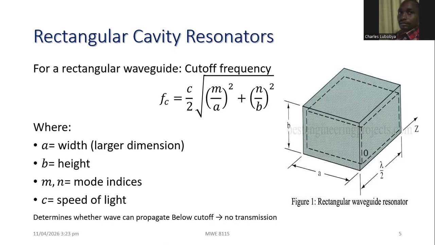This can be found by calculating fc equals c over 2 multiplied by the square root of (m over a) squared plus (n over b) squared, where a is the width of the rectangular waveguide and b is the height of the rectangular waveguide. Then m and n are determined by the mode, whether it's the dominant mode or any other mode of propagating a signal in the waveguide. c, of course, is the speed of light, which is 3 times 10 to the power 8 meters per second.